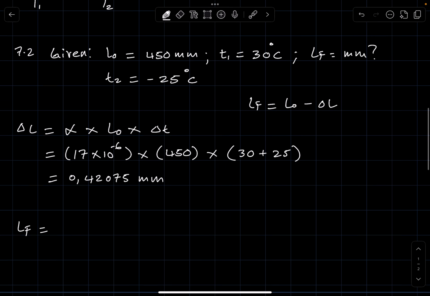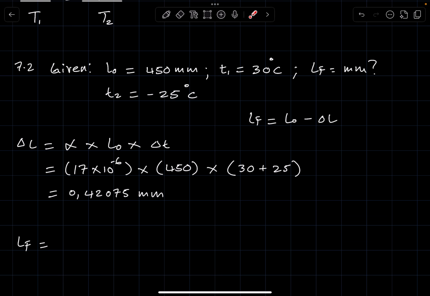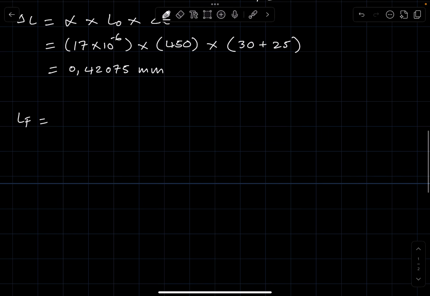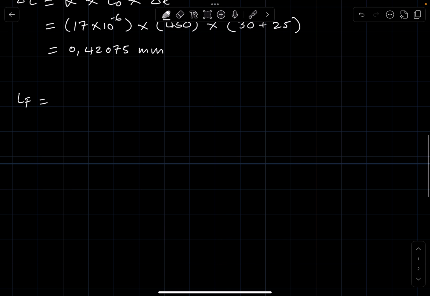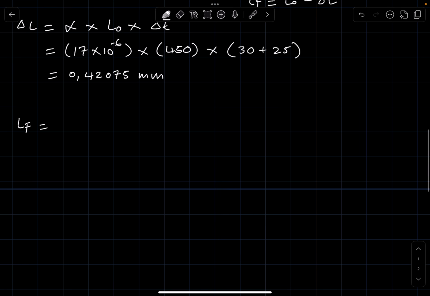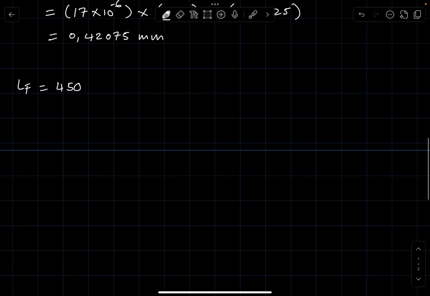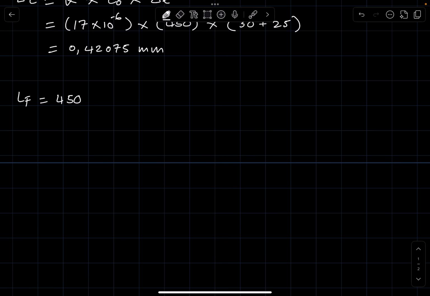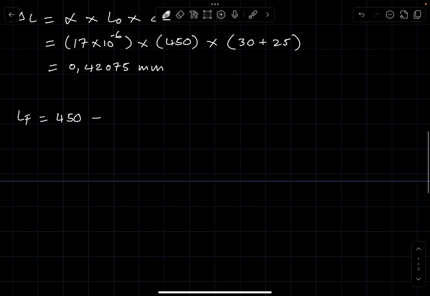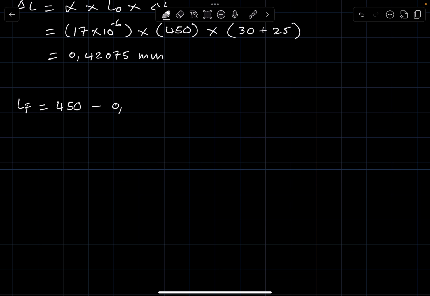Let's remember we had already established that, seeing that this is contracting, this is how we calculate the final length: original minus change. The original is 450, minus the change, which is 0.42075.